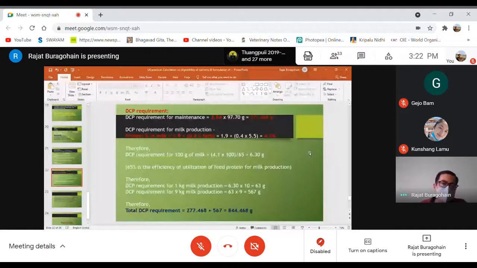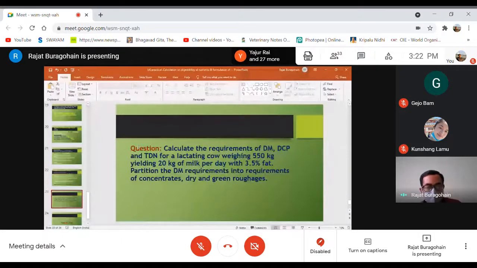I am giving you one question. I have already given two questions regarding calculation of SC and KNR, and this is another question I am giving you as an assignment. Calculate the requirement of dry matter, DCP and TDN for a lactating cow weighing 550 kg, yielding 20 kg milk per day with 3.5% fat.